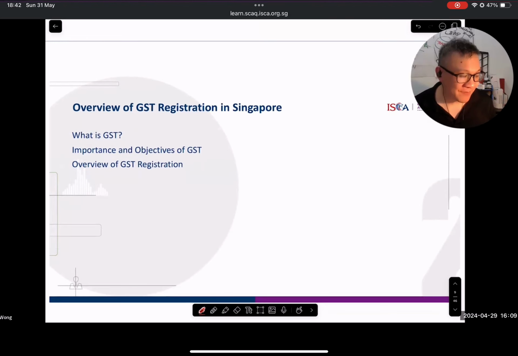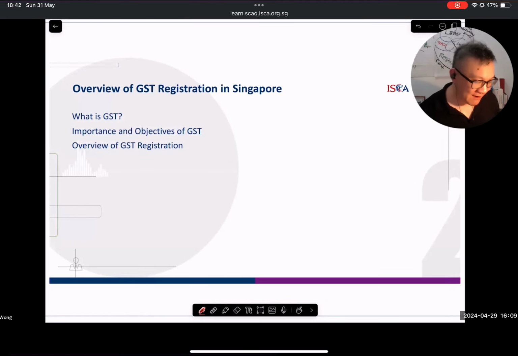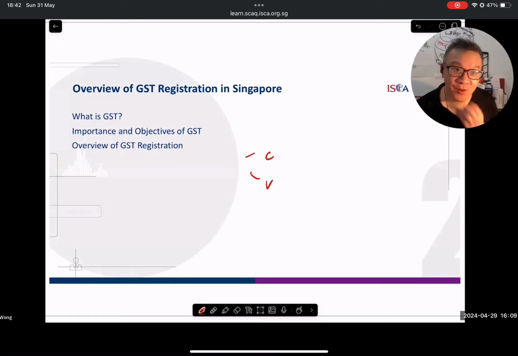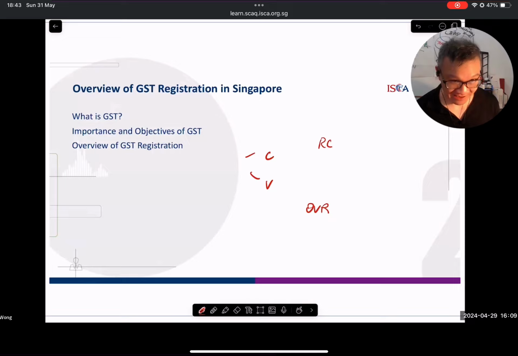So in terms of the overview of GST registration, to summarize once again, there are 2 types of GST registration in Singapore. One is the compulsory type. The other one is the voluntary. Now, this discussion will be extended beyond the normal rules because we are under the reverse charge mechanism since 1st of January 2020, and we currently have the overseas vendor registration regime, OVR.